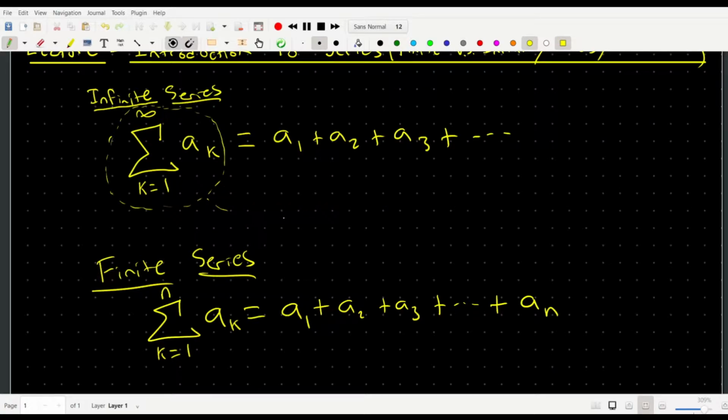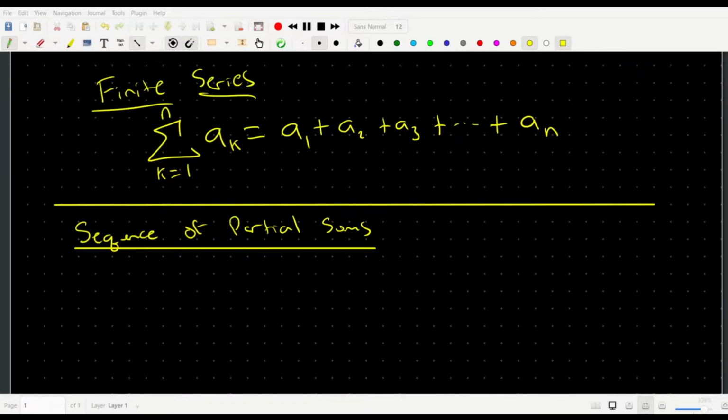All right, so one of the important things for us is going to be the sequence of partial sums that's connected to this given infinite series. So what is this sequence of partial sums?